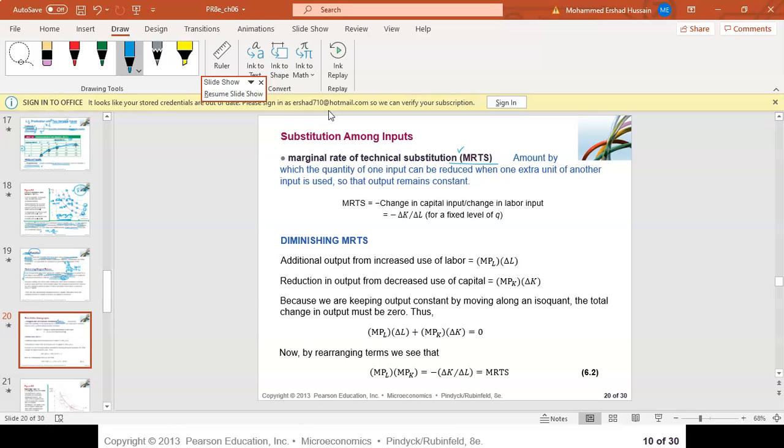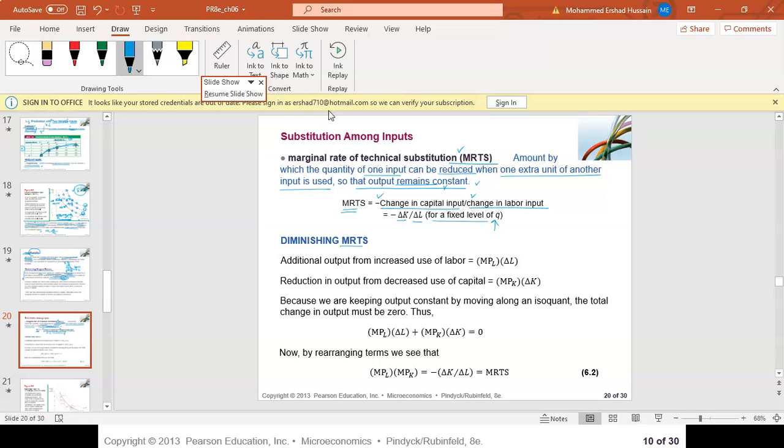It is the amount by which the quantity of one input can be reduced when one extra unit of another input is used, so that output remains constant. So we are on the same isoquant curve. We define MRTS as the change in the capital input divided by the change in labor input, so delta K over delta L for a fixed level of Q.